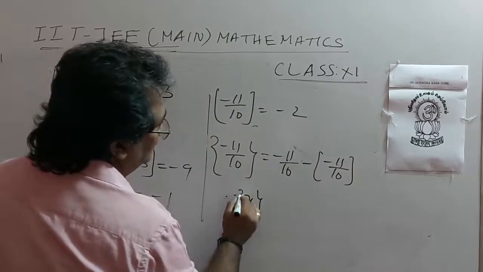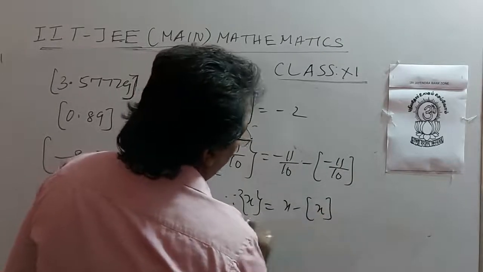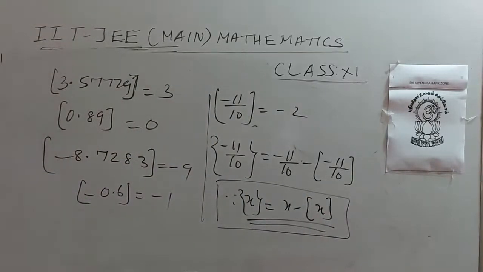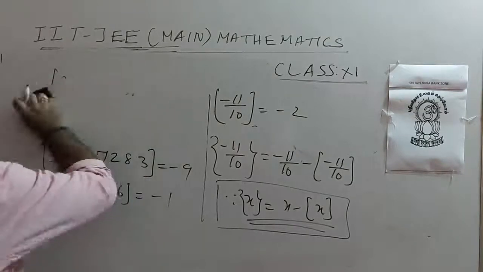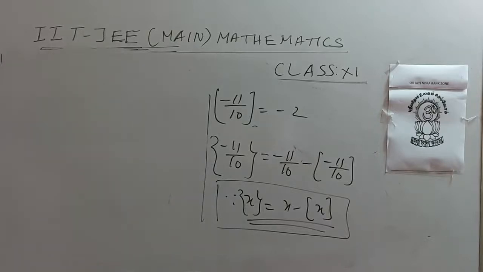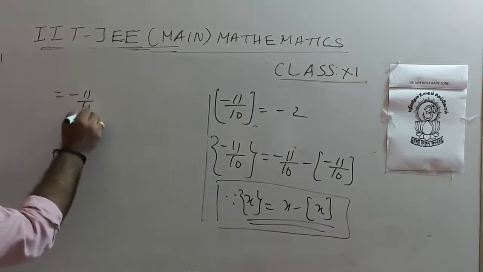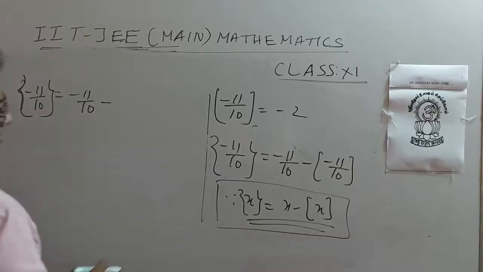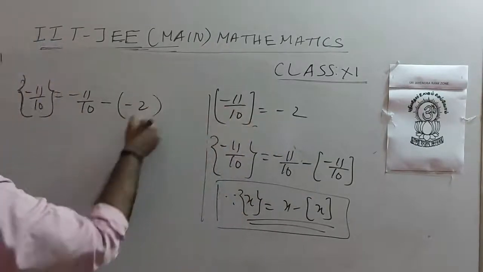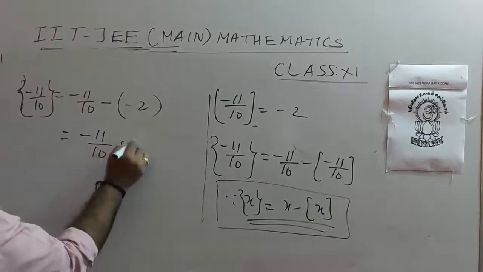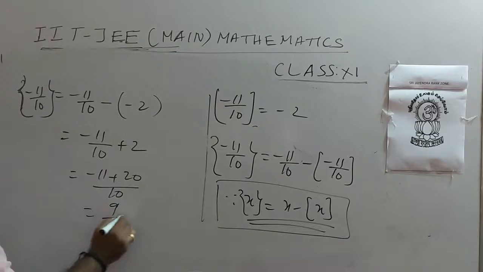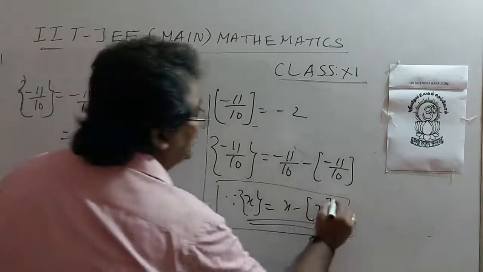Since the fractional part is x minus the integer part, the fractional part equal to minus 11 by 10 minus (minus 2), equal to minus 11 by 10 plus 2, that is minus 11 plus 20 by 10, that is 9 by 10. So you have to remember this result.